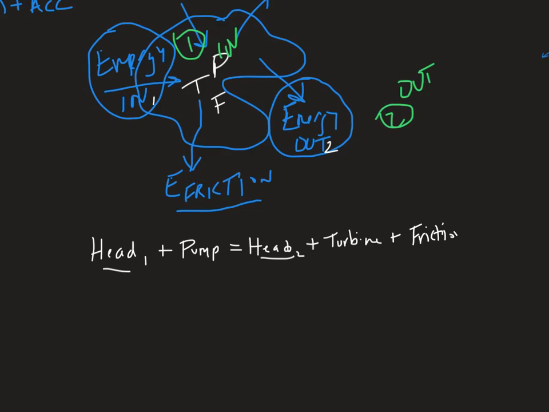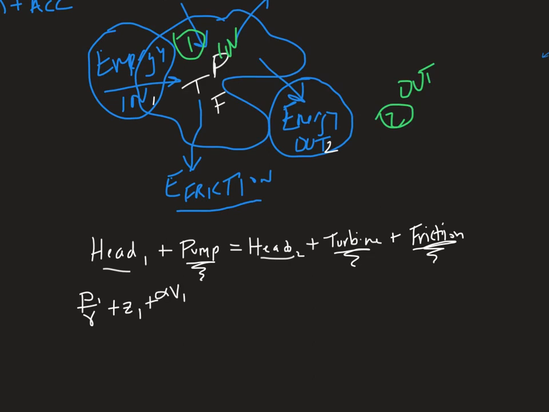And last, of course, we lose energy in terms of friction. When we say out, in that case, really it's being transferred to heat. So those are our three terms: pump, turbine, and friction. These are the three terms that change this from the Bernoulli equation into an energy equation.